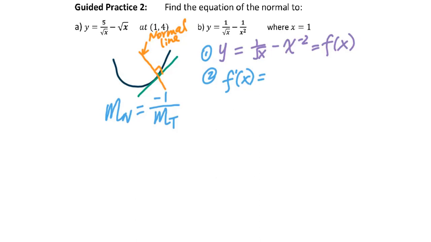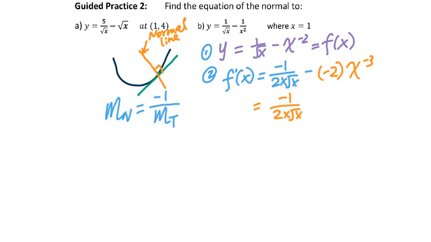For 1 over square root of x, we know that is negative 1 over 2x square root of x minus. Drop down the exponents, then minus 1, that will be negative 2x to the negative third power. So we organize. Negative, negative will be positive here. So we get the plus 2 over x to the third power.